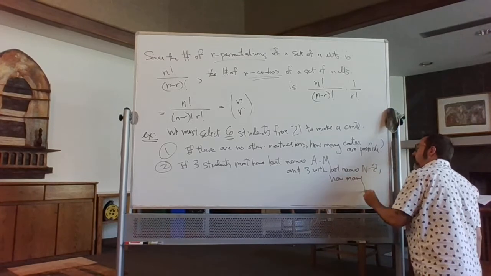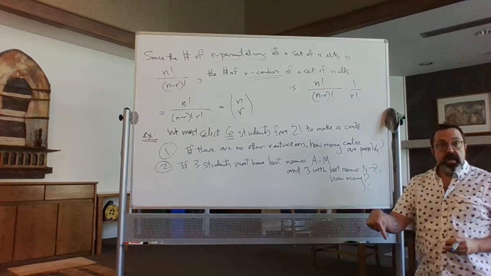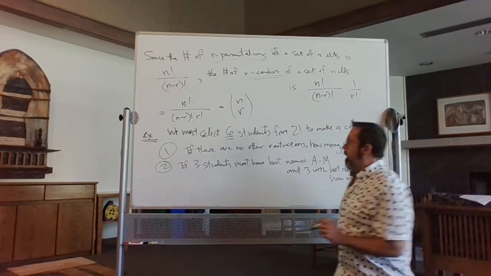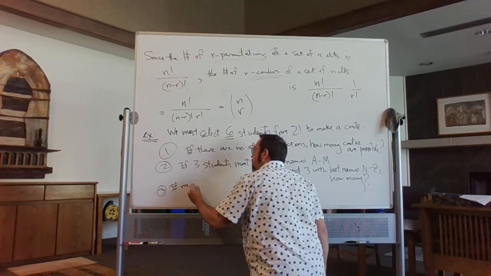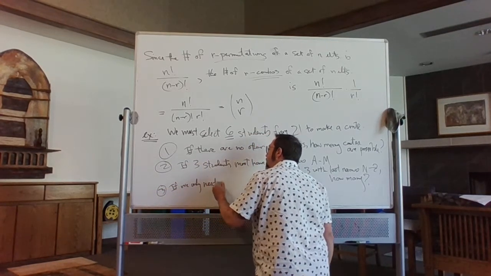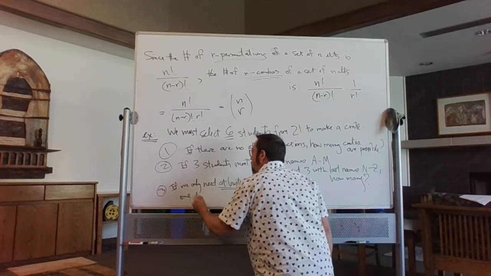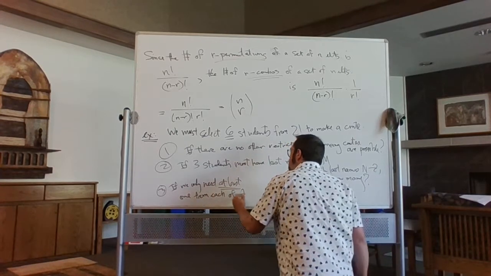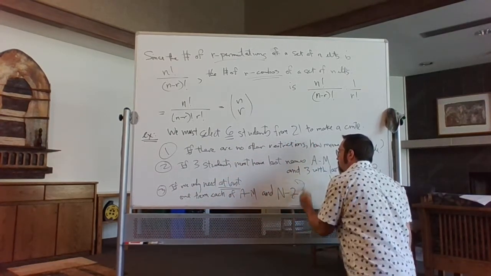How many committees are there where 3 members come from the first half of the alphabet and 3 come from the last? And then finally, 3. What if we only need at least 1 from each half of the alphabet, A through M and N through Z?